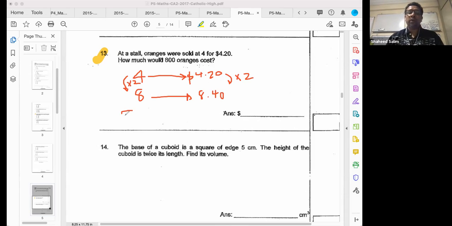Now from 8, you want to go to 800. You need to times by 100. So you times by 100 here, and you times by 100. So you will get 840. Not 84. 84 means you times by 10. Times by 100, 1, 2. Because there's 2 zeros, you get 840.